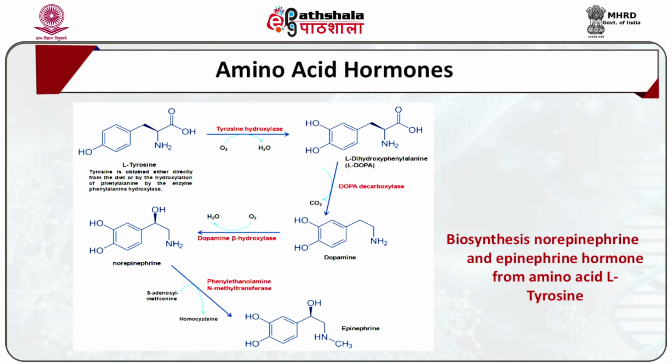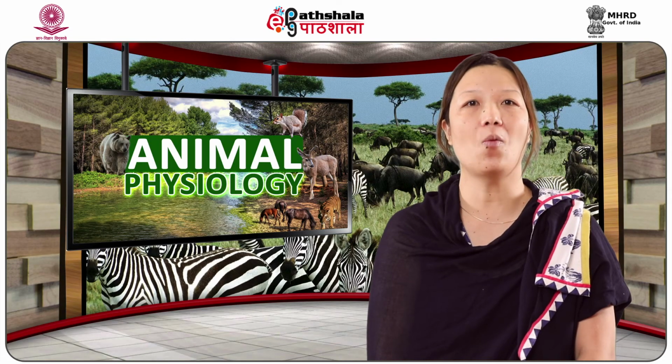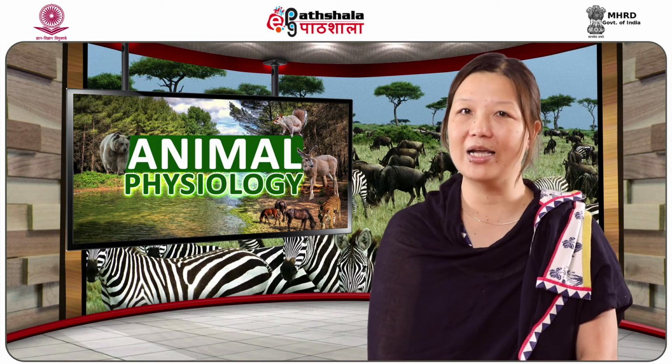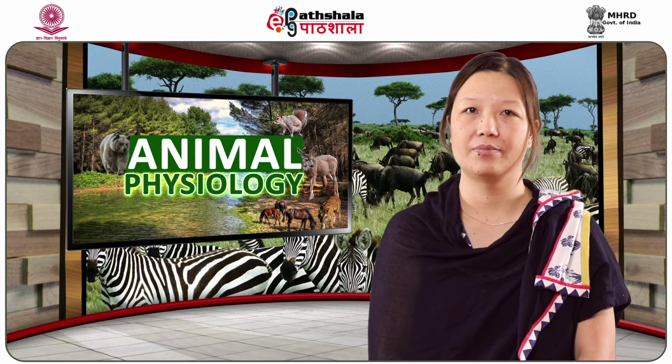Amino acid hormones. Amino acid hormones are those that are synthesized by decarboxylating and modifying certain amino acids, as shown in the diagram. An example is the catecholamines: epinephrine, norepinephrine, and dopamine are synthesized by modifying the amino acid tyrosine.